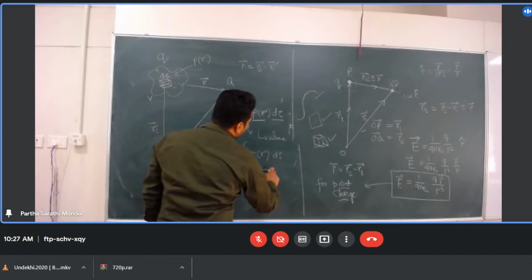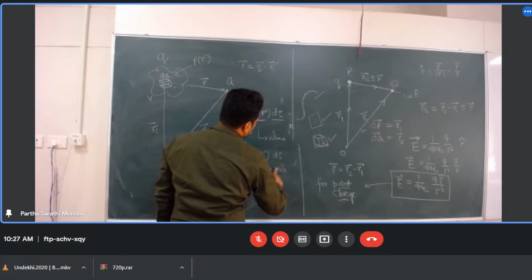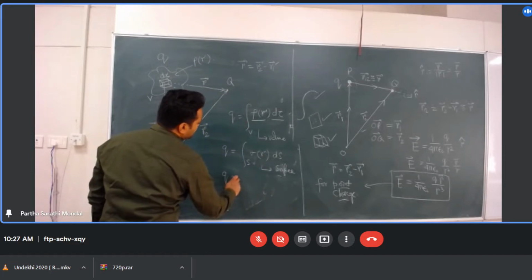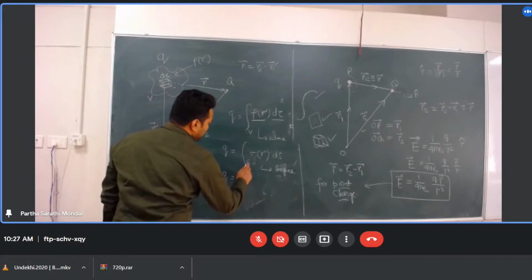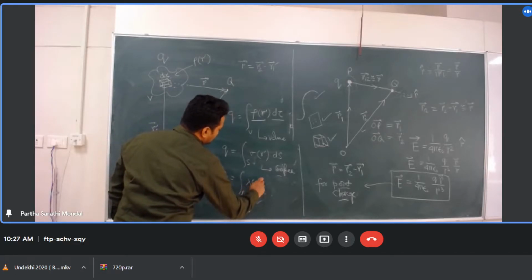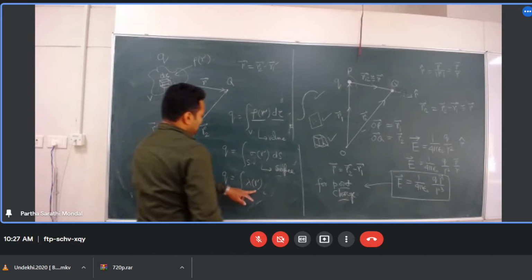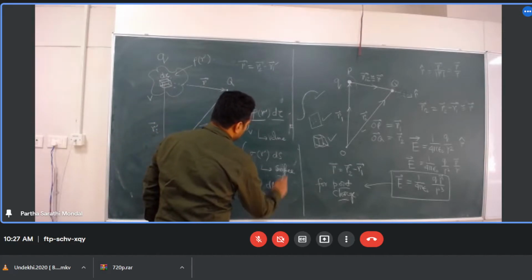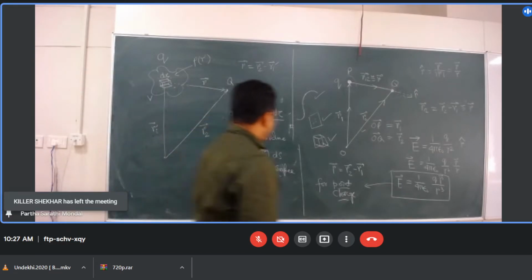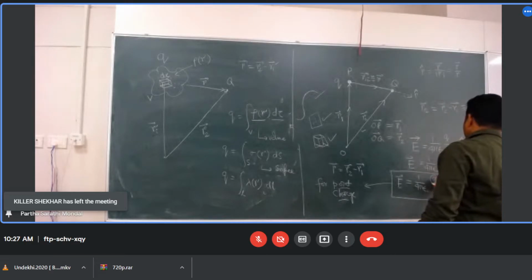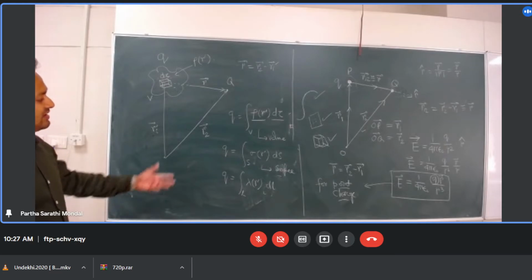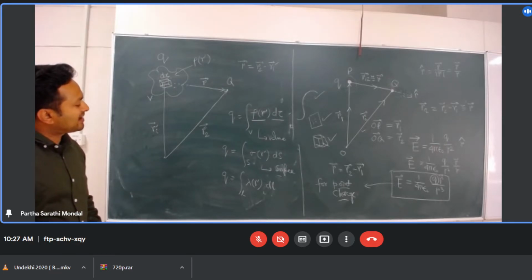Similarly, for linear charge distribution, the total charge is a line integral over the whole length: lambda, the charge per unit length of the linear charge distribution, into dl. That's all. So now we have to replace q by this expression for different types of charge distribution, then we will get the electric field. समझ में आ रहा है मैं क्या कह रहा हूँ?